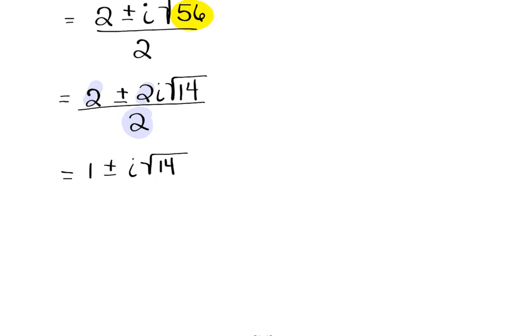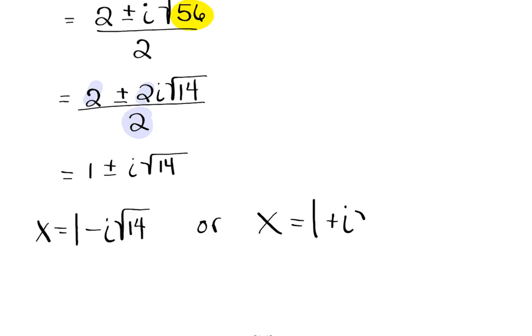And I have 2 answers here. Remember, quadratics, on average, have 2 answers. Not guaranteed to always have 2 answers, but if I have a complex answer, I definitely have 2 of them. So my answers are x equals 1 minus i square root of 14, or x equals 1 plus i square root of 14.